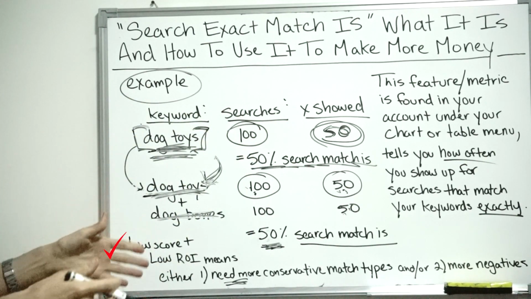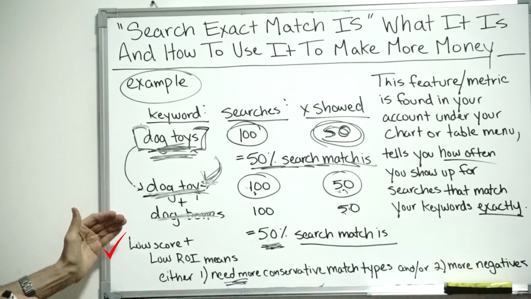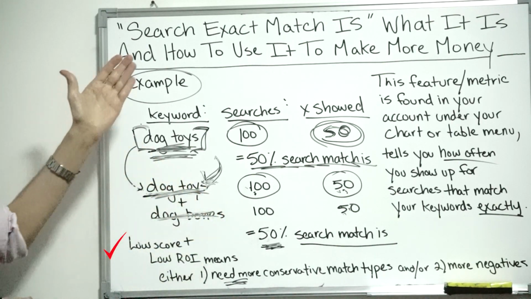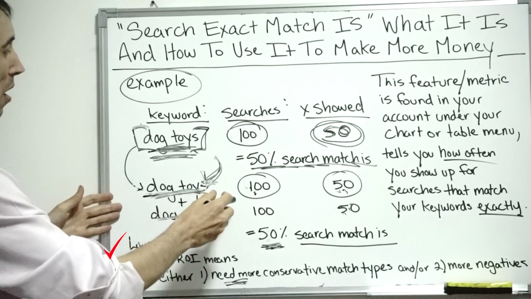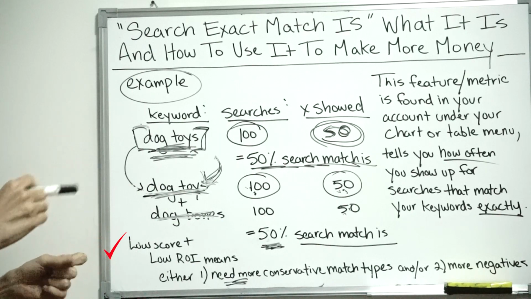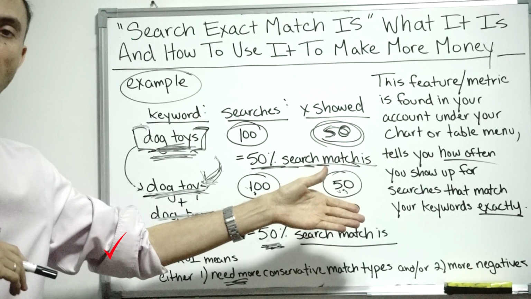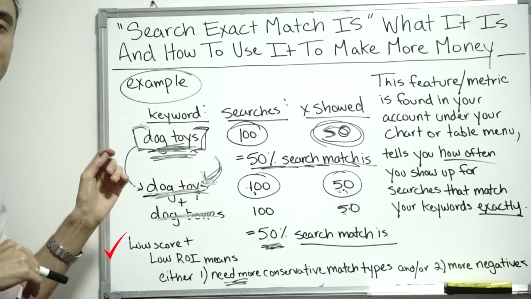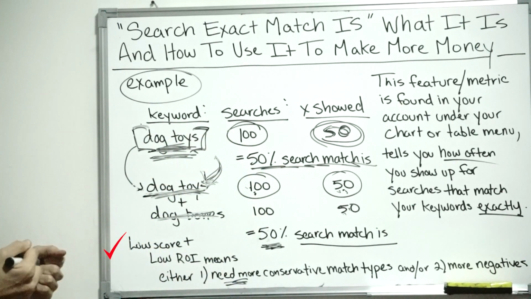If you are spending as much as you could and you went from broad match to phrase match, it's not necessarily going to increase the search exact match score, i.e. the number of times you show up for searches that are directly matching what the keyword is, because you're probably showing up a low amount for the keyword exactly for a reason, i.e. you have low click-through rates, you have low conversion rates, and there's a reason for that.